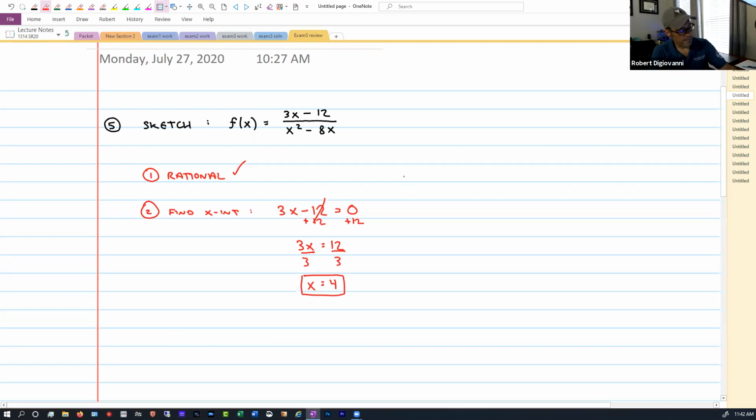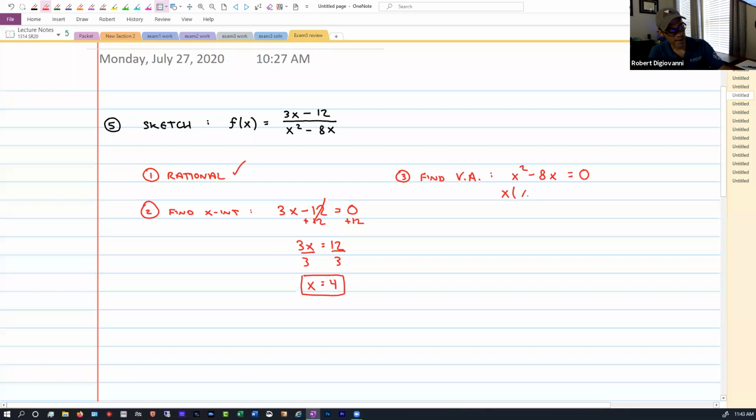The next step, I would tell you, is to find the vertical asymptotes. And to do that, you would have to know, okay, just set the denominator equal to 0. Now, this is a quadratic equation. You could use the quadratic formula, but I think it's much easier to just do a GCF.